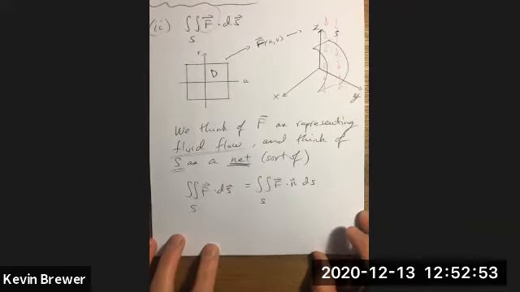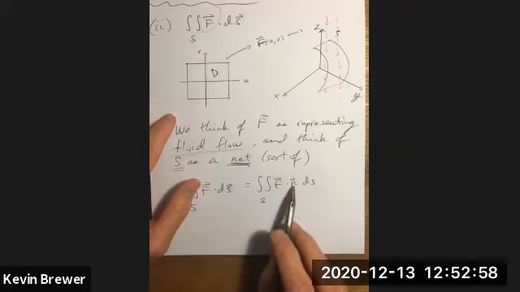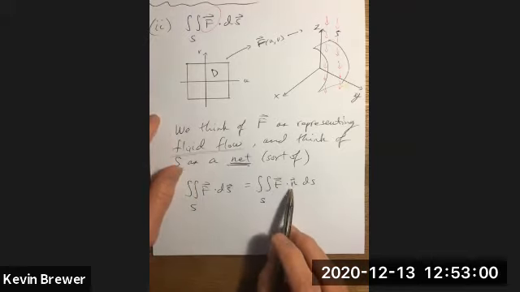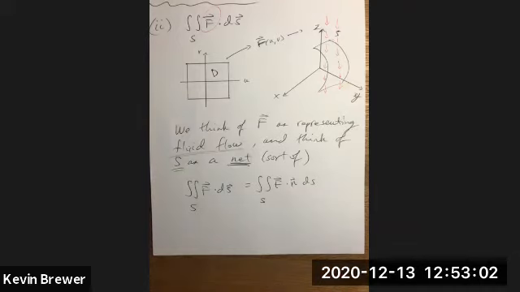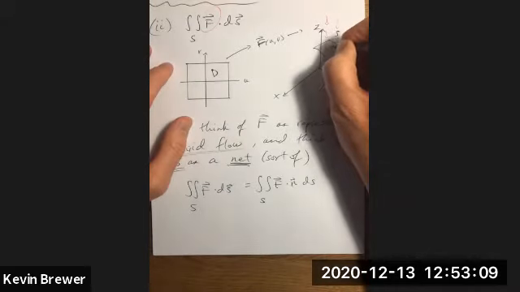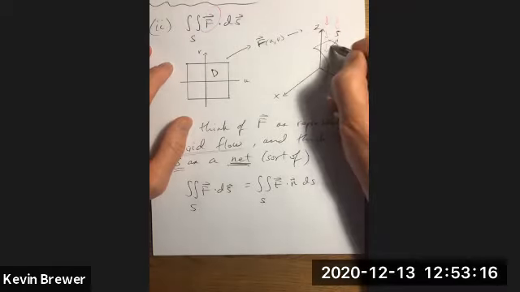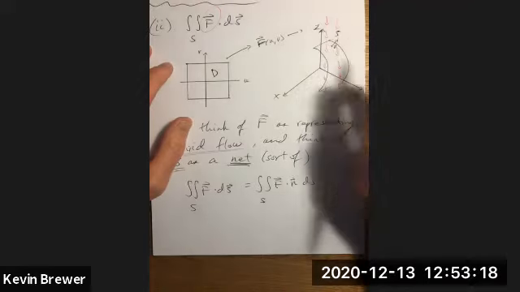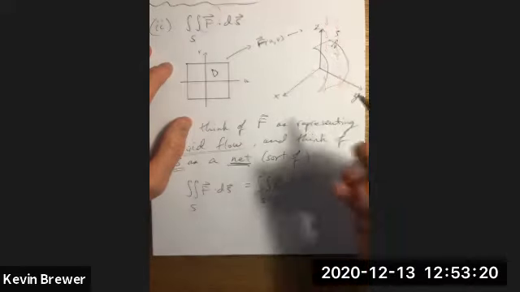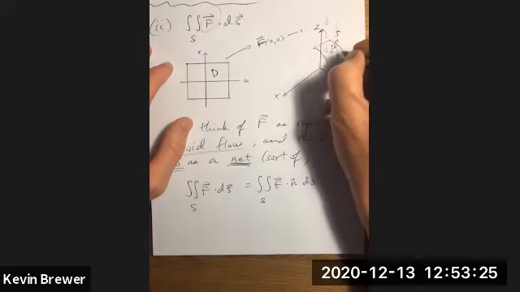And what we're now thinking of is when we take the dot product of F with a vector which is normal to the surface. So at any point on the surface, we've got a normal vector, and then we've got F.